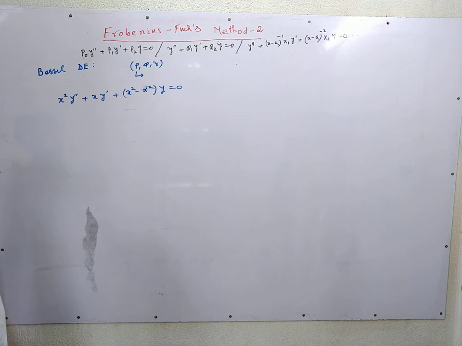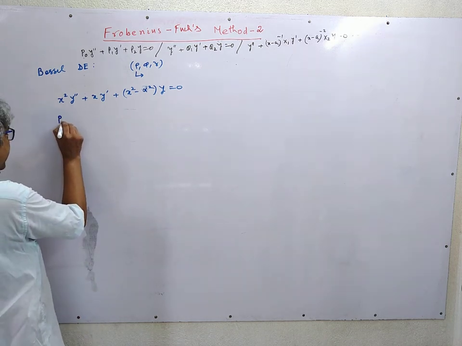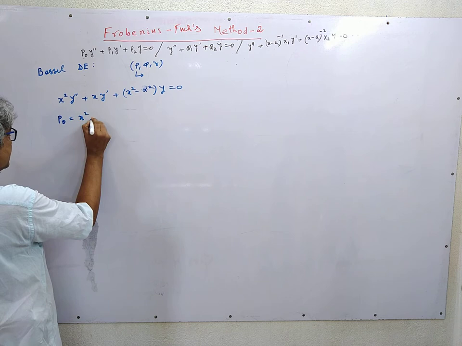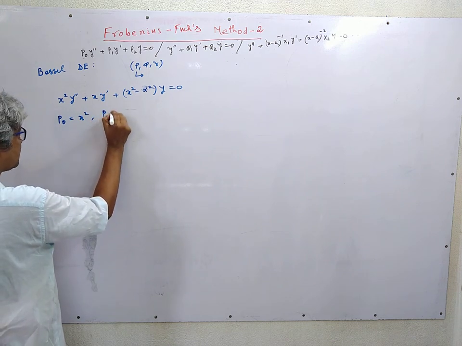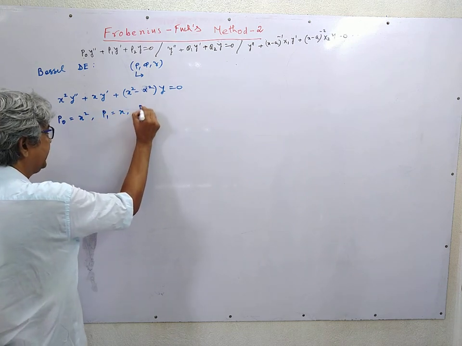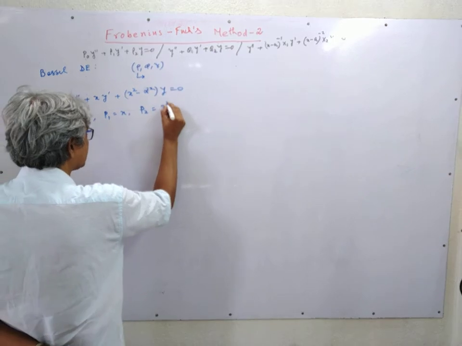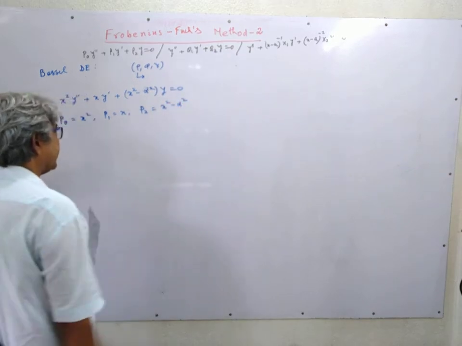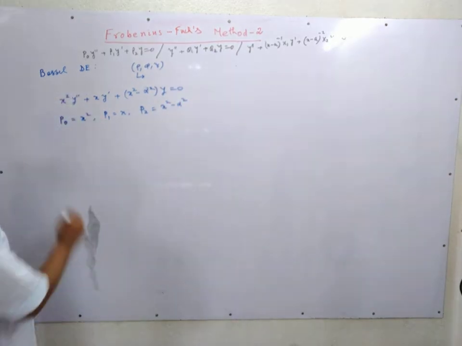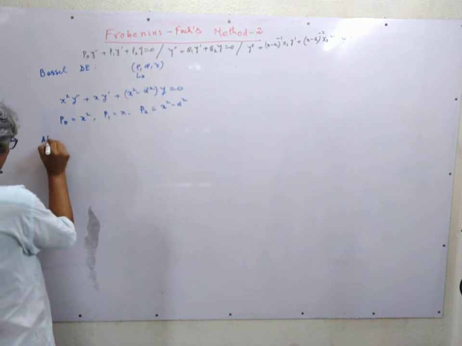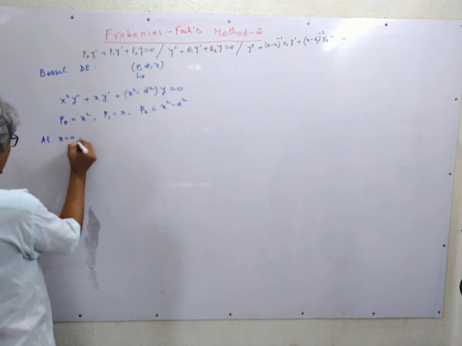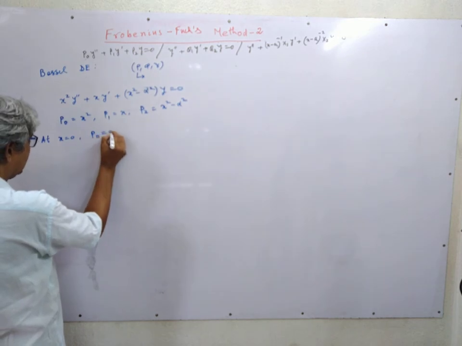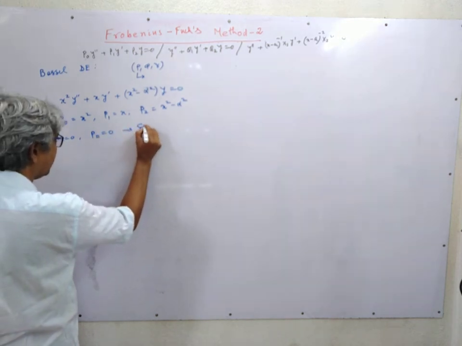This is the Bessel differential equation when alpha is a real finite quantity. Now we see that here P0 is equal to x square, P1 is equal to x, and P2 is equal to x square minus alpha square. So at x equal to 0, P0 is equal to 0, so it is a singular point.